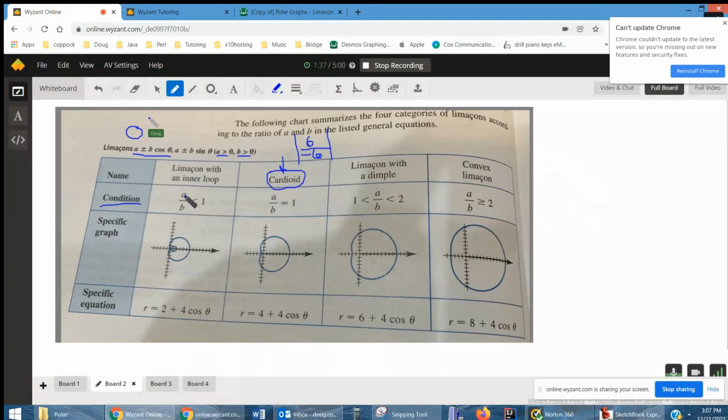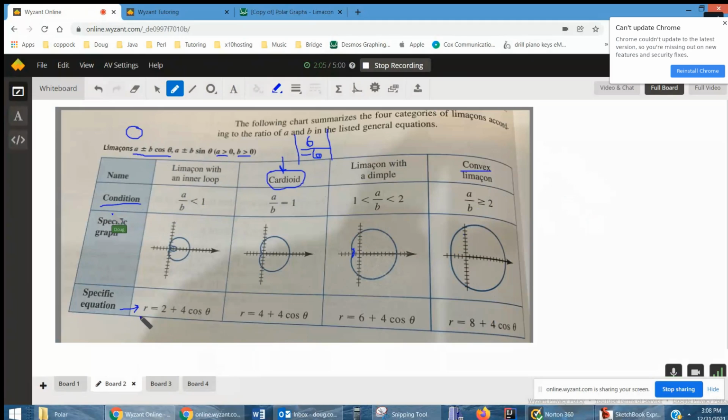If the ratio of A to B is less than 1, you have a limacon with an inner loop. If it's between 1 and 2, you have a limacon with a little dimple right here. And if the ratio of A to B is greater than or equal to 2, you have a limacon that's convex. And these are some examples of those.